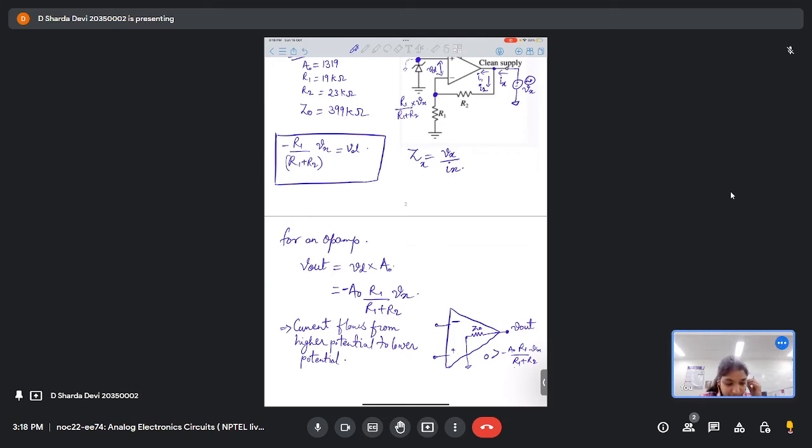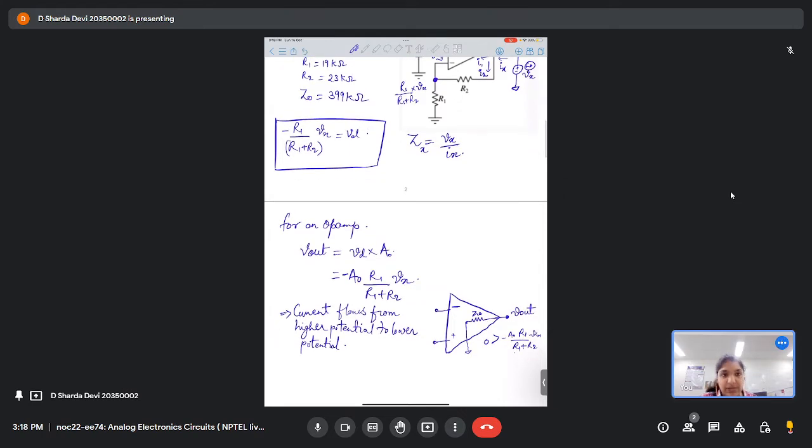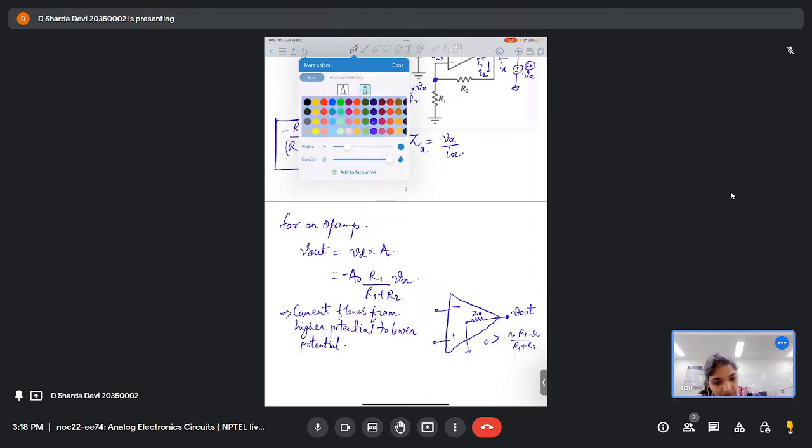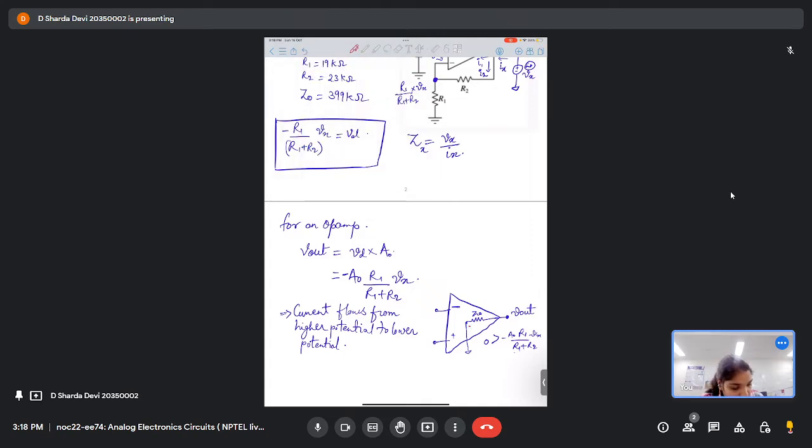If you think of it that way, in this particular equivalent circuit that has been drawn, the current will have a direction coming towards V out. So the current will have a direction coming out of V out.